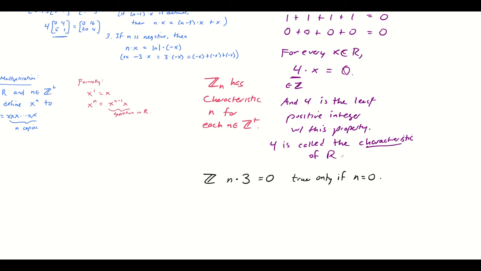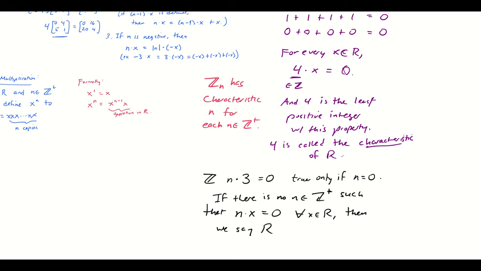So in this case, if there is no n in Z plus such that n times x is equal to 0 for every x in the ring, then we say the ring has characteristic 0.